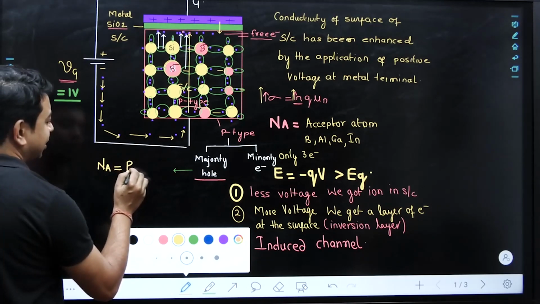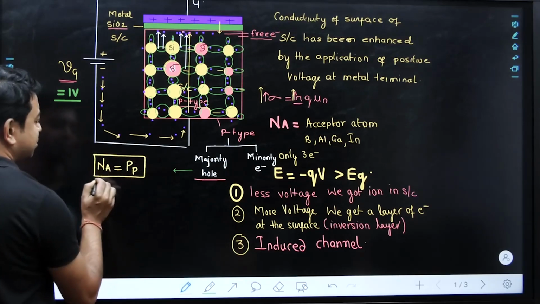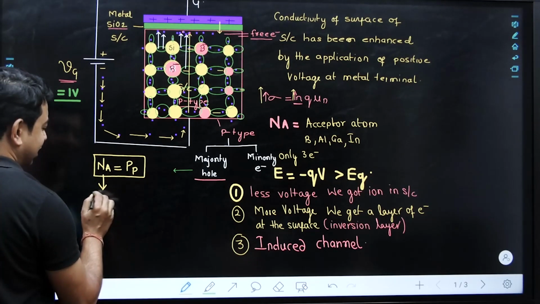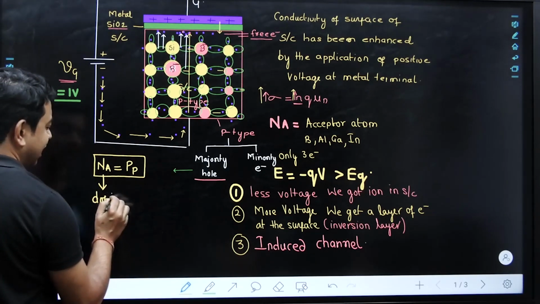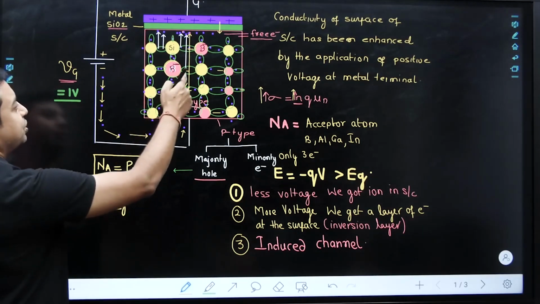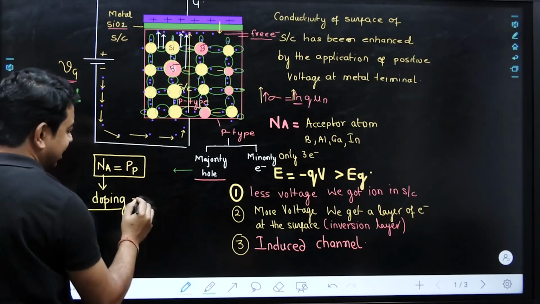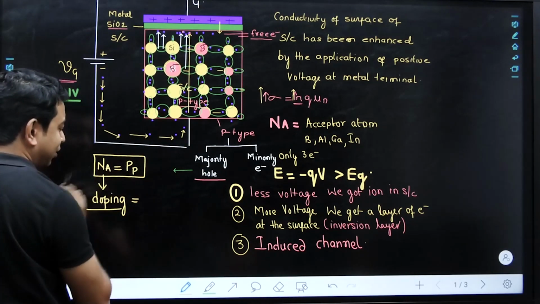At room temperature, the amount of acceptor atoms added to the semiconductor by doping, each and every doped atom gives one hole, so we get an equal number of holes.